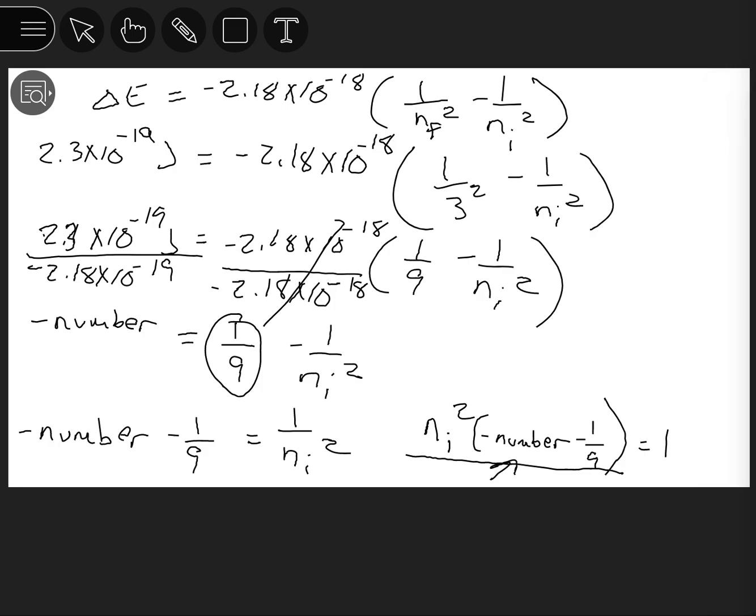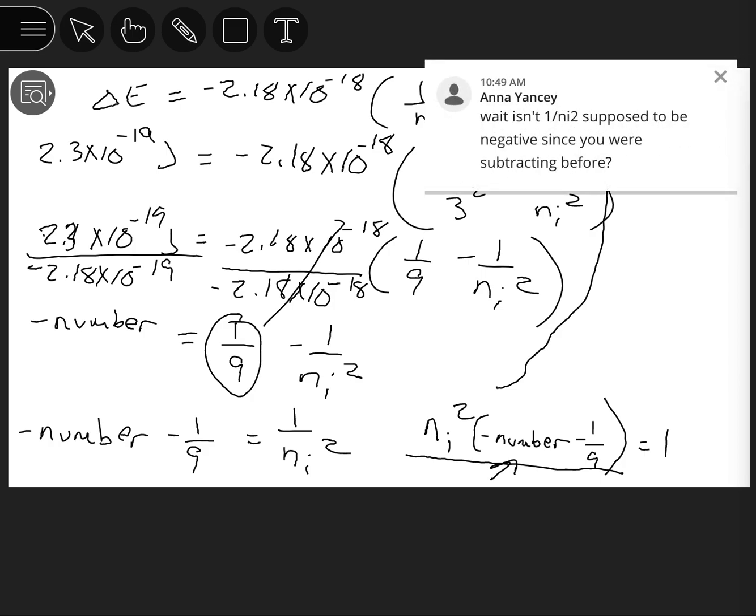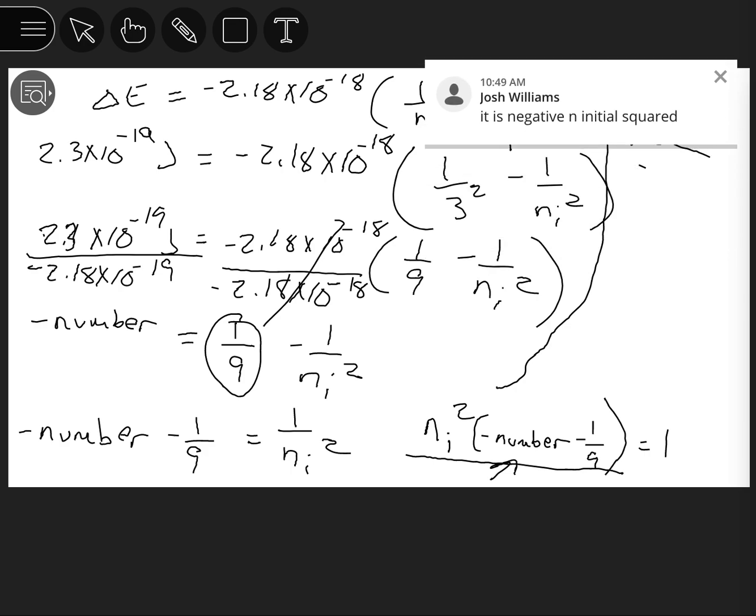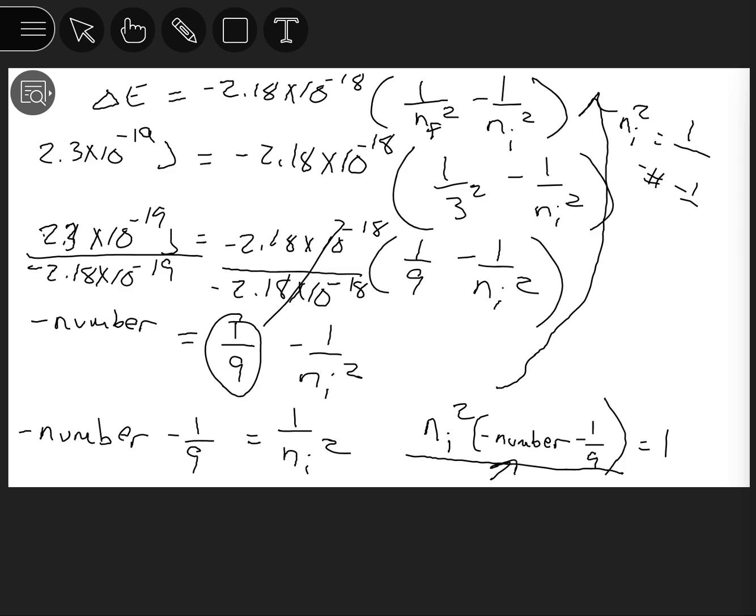Then I get n initial squared equals 1 over negative number minus 1 over 9. And then I'll take the square root of both sides and get the answer.